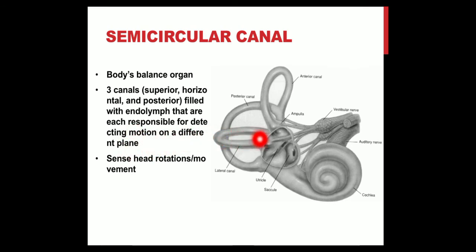Here you can see this is the posterior canal, this is the lateral canal, and this is the anterior canal, and they are all at right angles to each other. They represent three different planes in space and sense head rotation movement. Now let's move on.